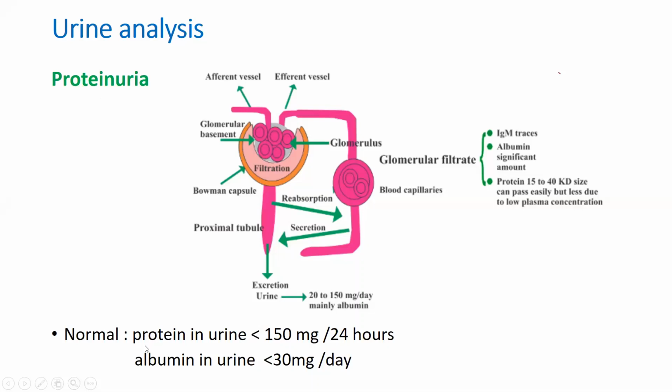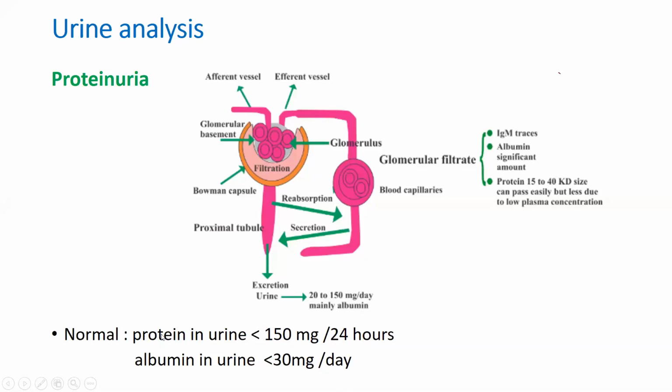In a normal person, you can accept up to 150 milligrams of protein per 24 hours. So it's not nil. Every one of us passes a little bit of protein in the urine, and up to 150 milligrams is acceptable per day.